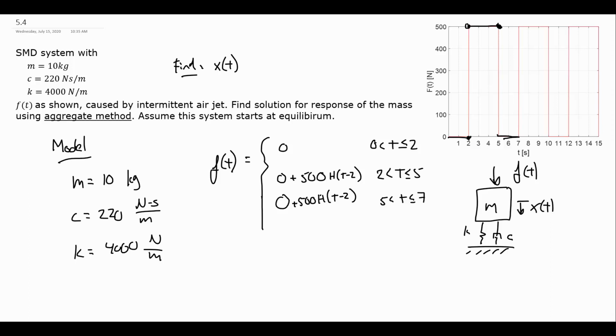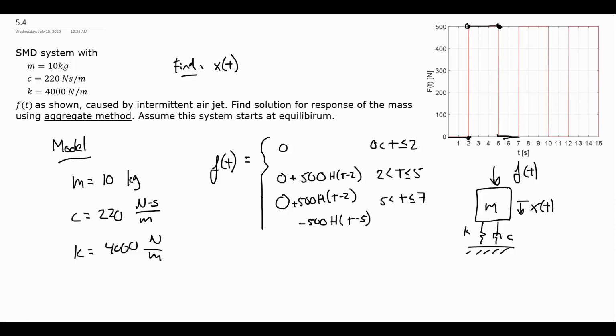What I can do in this method is turn a function on but not off. So I actually need to add another function that counters that 500 times the Heaviside function. So I can subtract 500 h of t minus 5 for that third interval from 5 seconds to 7 seconds.